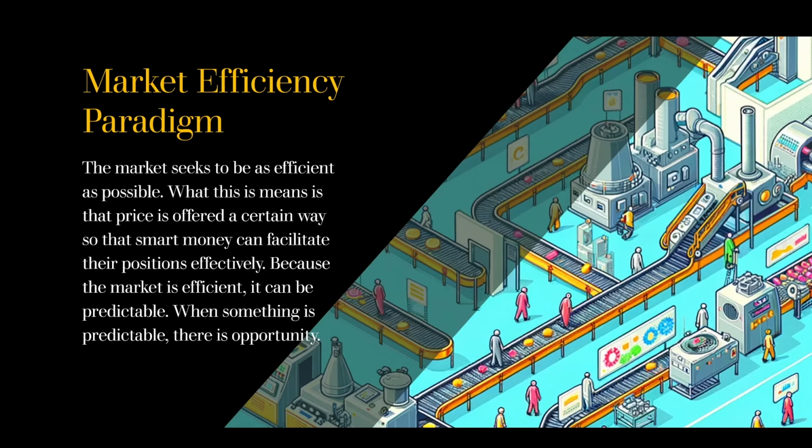This is because of the market makers. This is because of smart money. They know how the retail crowd thinks. Okay, they know the herd mentality and they know how to get them on the wrong side of the market. So if smart money wanted to buy, they would need people to sell to them. So this is where liquidity comes in, and it is how they move efficiently in the marketplace.